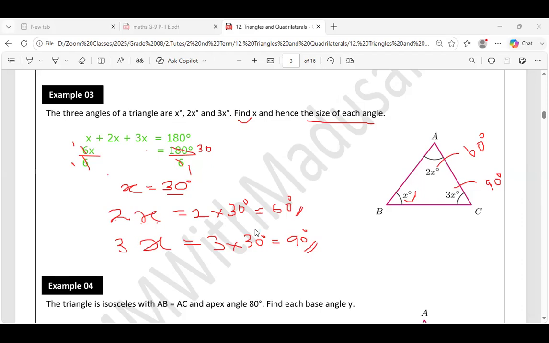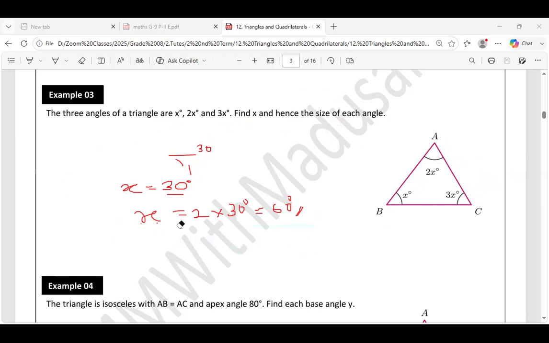Okay, I am going to move to example number 2. I will clear the board. Okay, thank you. Continue that.